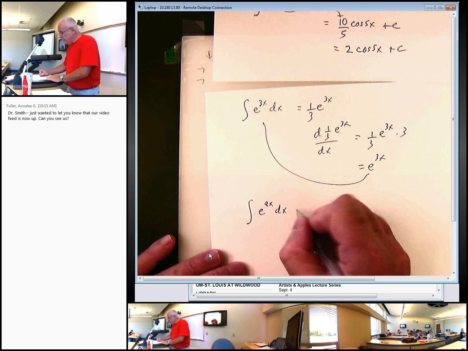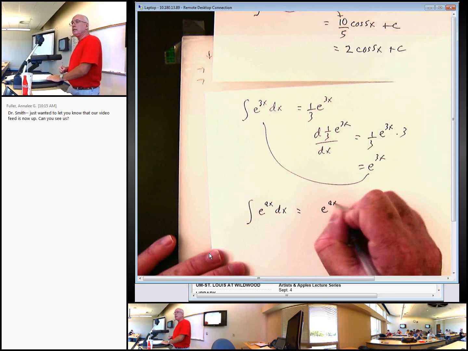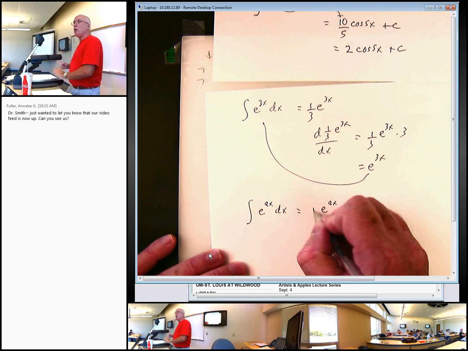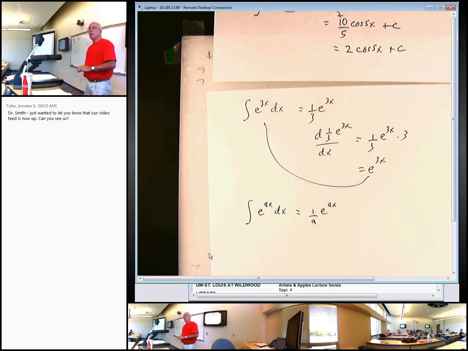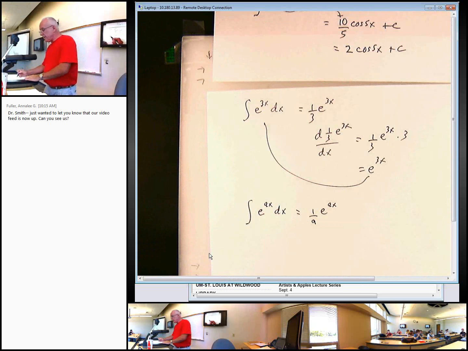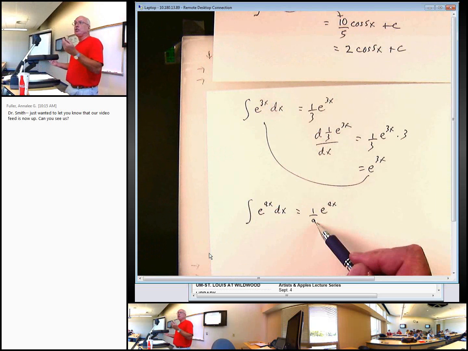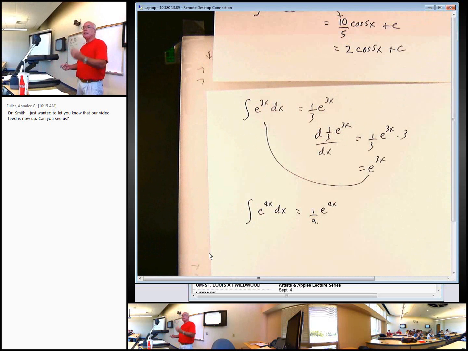We know it's its own antiderivative, so we have e to the ax, but just take the reciprocal of the a, 1 over a. Just like if the a were a 5, this would be 1 over 5, except they're just using a letter to stand in for a number. And of course, plus c.